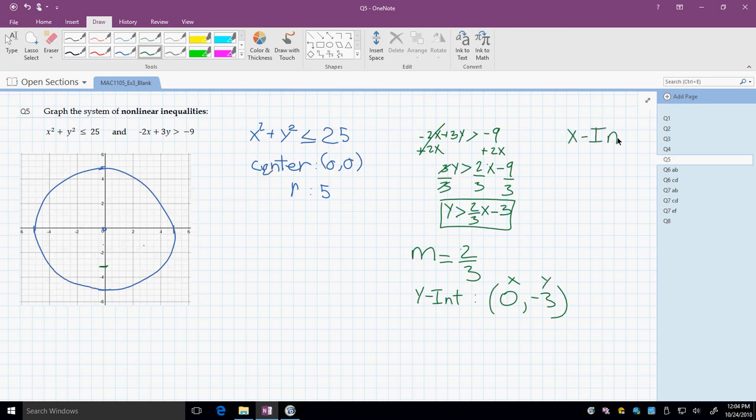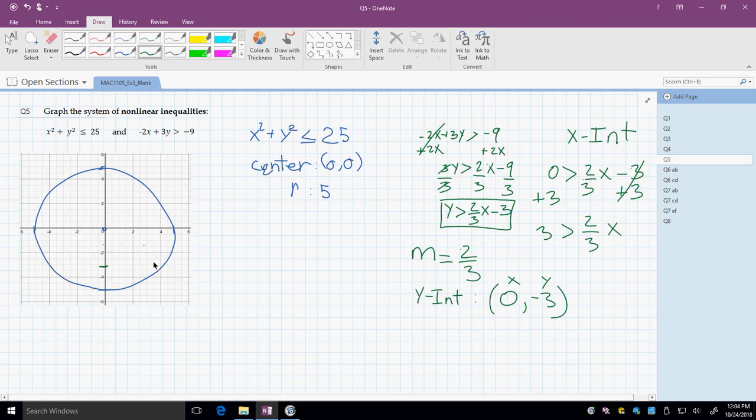x-intercept. We're going to have a more precise line. For that, I'm going to set this equal to 0: 2/3 x minus 3. So we're going to add 3 to each side, cancel the 3, and I have 3 is greater than or equal to 2/3 x.